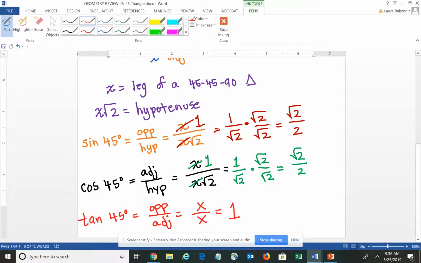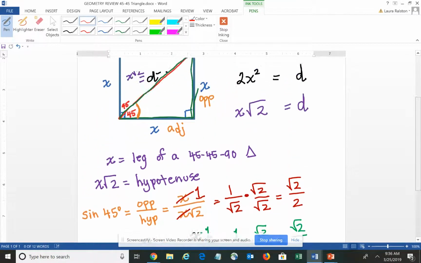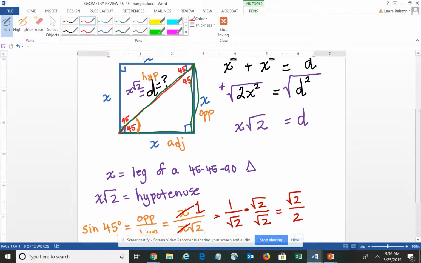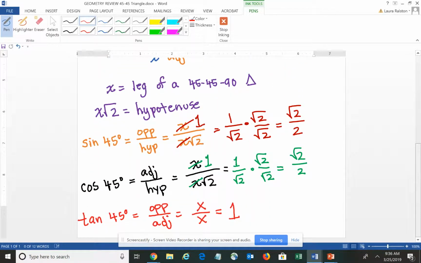Any number divided by itself is going to be 1. So the tangent of 45 degrees is always 1. We can develop these special relationships stemming from the special relationship of that right triangle. These are some very commonly used trig values for 45 degrees.